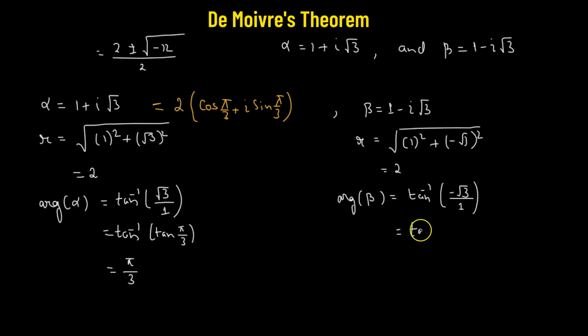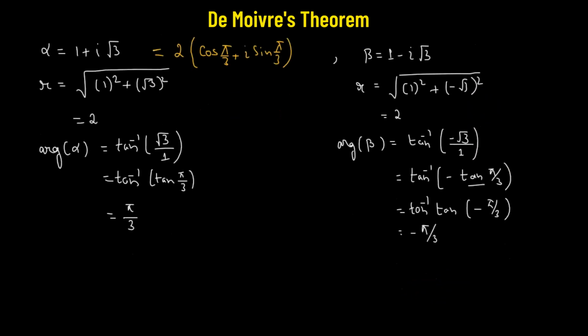So this is tan inverse of negative tangent of pi over 3. But we know that tangent is an odd function, so we can rewrite negative tangent of pi over 3 as tangent of negative pi over 3. Tan inverse of the tangent function simply gives us negative pi over 3.